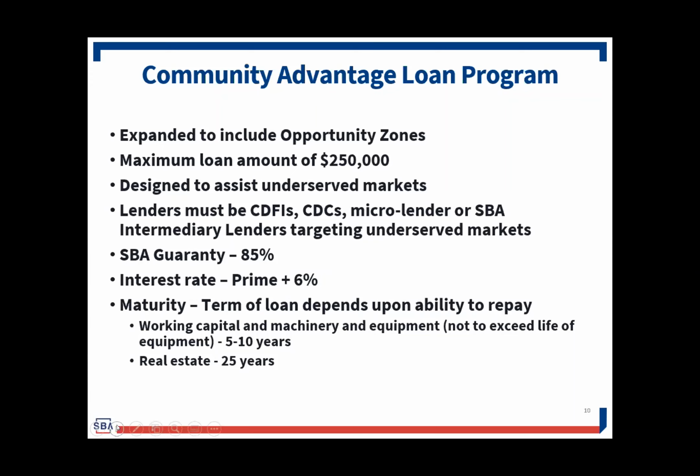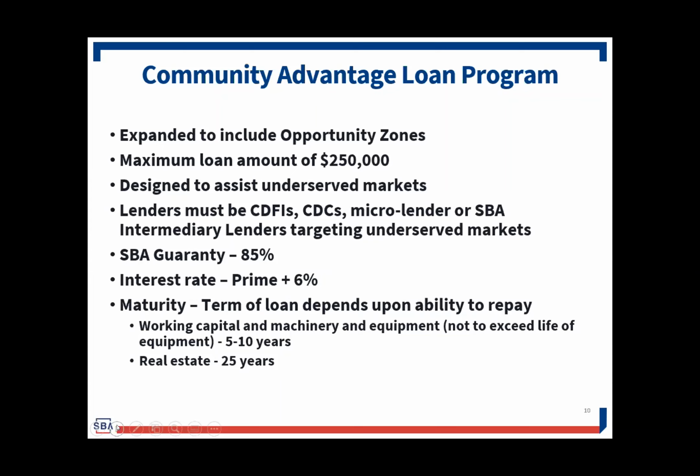We work with the community development financial institutions, the CDFIs, our certified development corporations or CDCs, our micro lenders, and our intermediary lenders who actually target these markets. Notice that for Community Advantage, our guarantee is 85%.